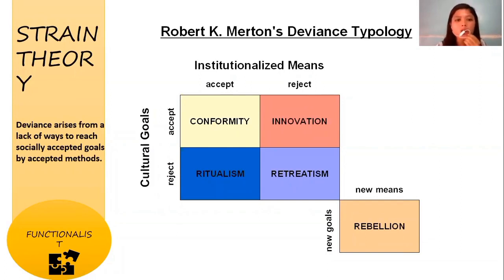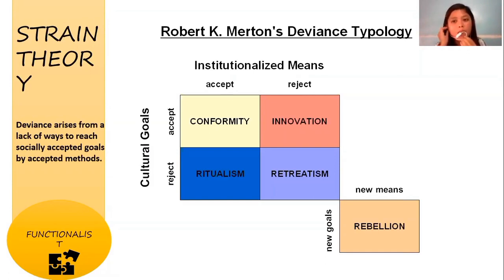Cultural goals are objectives held as legitimate or desirable for a member of society to achieve, while institutionalized means refers to the approved ways of reaching the set cultural goals. Deviance comes in when there is so-called strain. Strain refers to the gap, lack, or discrepancy between achieving the cultural goals and the use of institutionalized means.